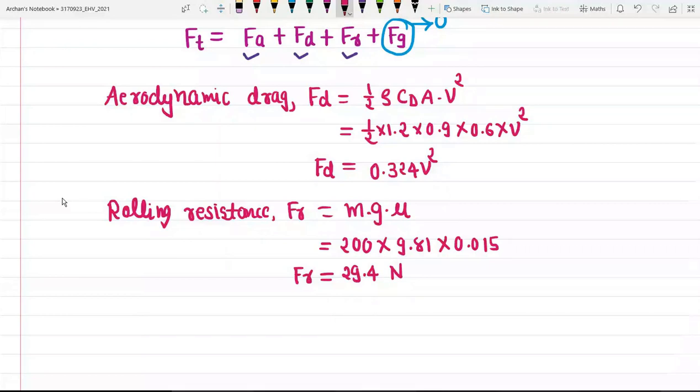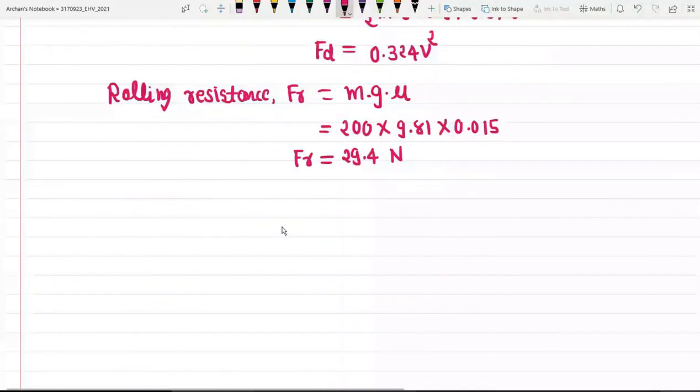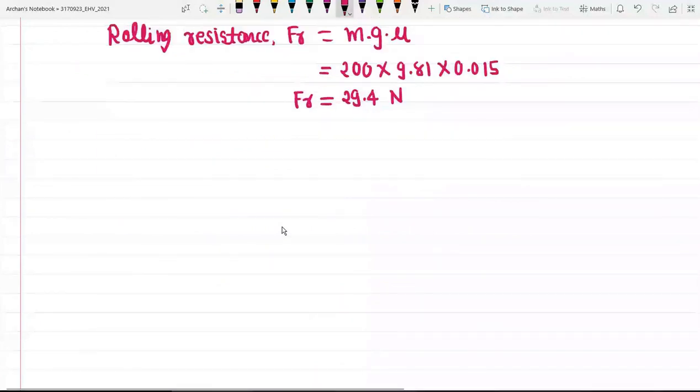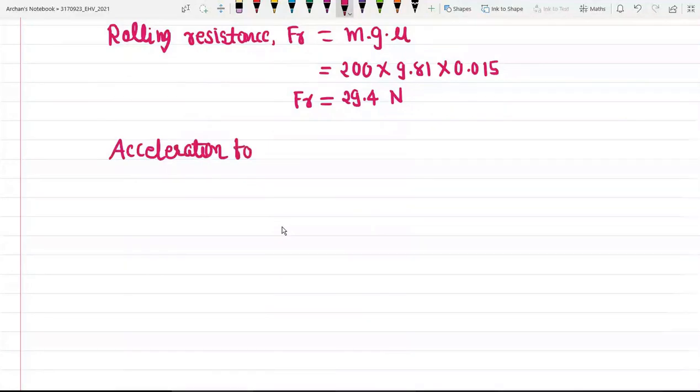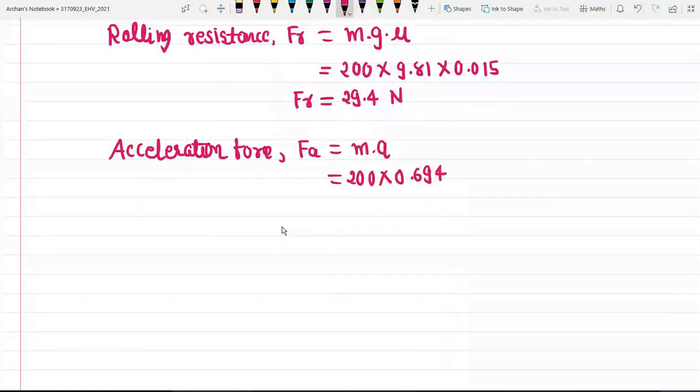Then we are left with the acceleration force. The acceleration force, let us say FA, is given by m into A. A is dv by dt, which is already calculated by us. It is 0.694, and that gives 138.8 Newton.